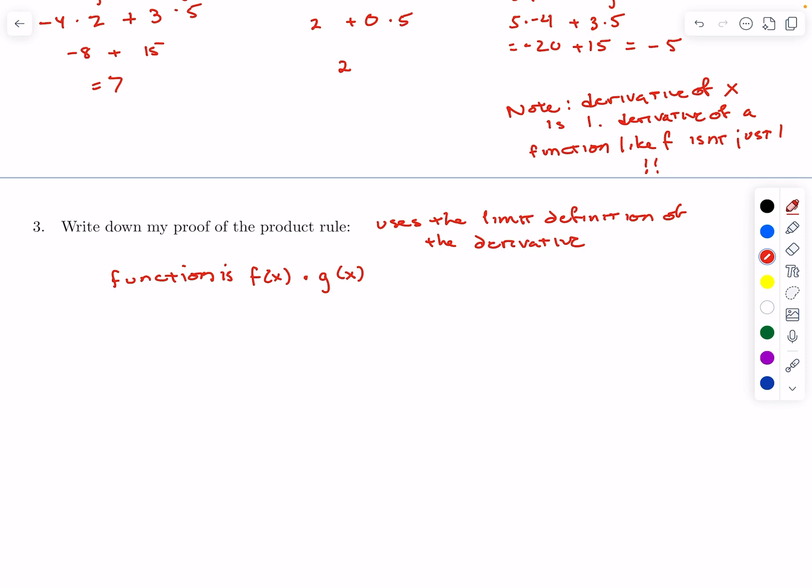Okay, plugging in x plus h, we have f of x plus h, g of x plus h, minus the original. And now what are we going to do? Let me do this in blue instructions.